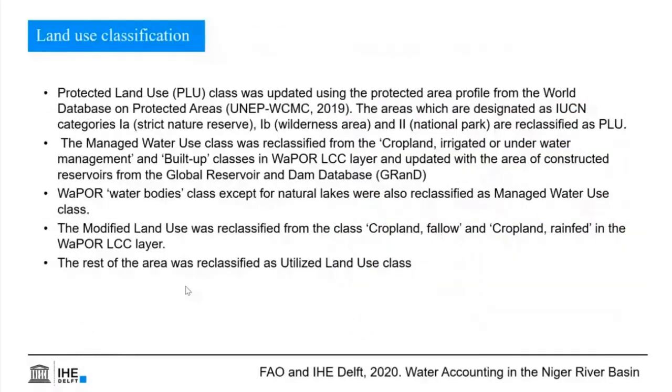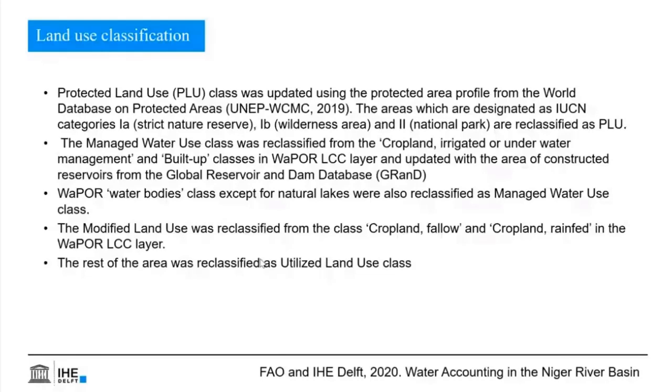So for land use classification, in more detail, maybe you can read this later in the slides. But the idea is we will use some global data sets to classify protected land use and managed water use.